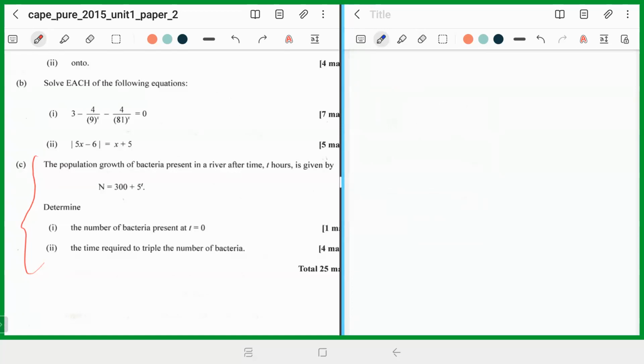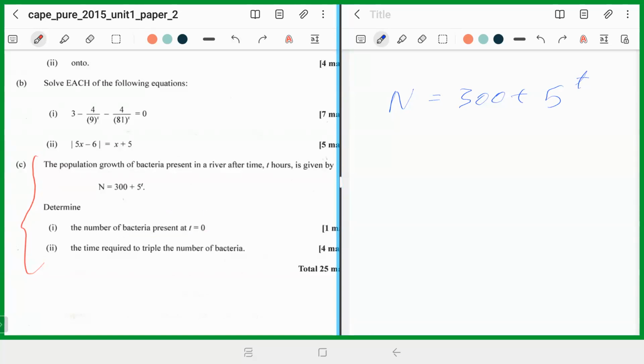N equals 300 plus 5 to the power T. What is the number of bacteria present when T equals 0?